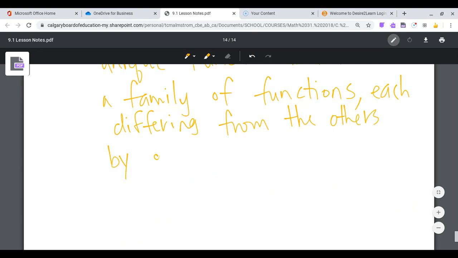That's essentially what we did in this last example: we found 3 different functions, all differing by a constant. So there were 3 different answers there.